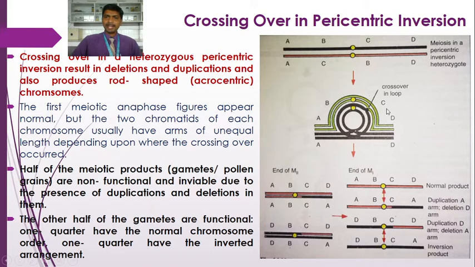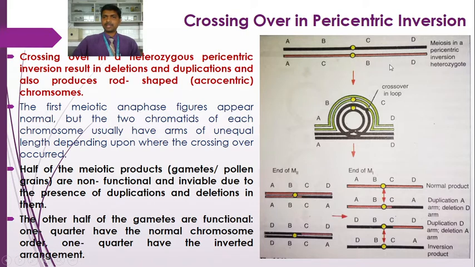So what happened here: this is the homologous pair of chromosomes where the gene order is A, B, C, D. In between B and C the centromere is located. When the pericentric inversion occurs in one chromosome of a homologous pair, such an inversion is a pericentric inversion heterozygote. Here the two breaks occur between A and B and again between C and D.